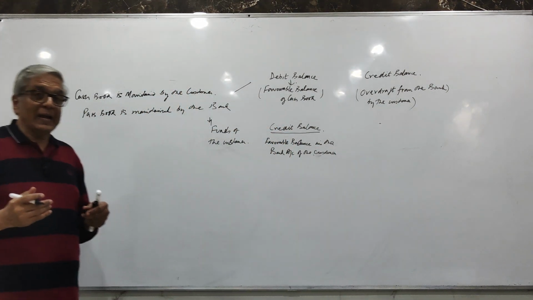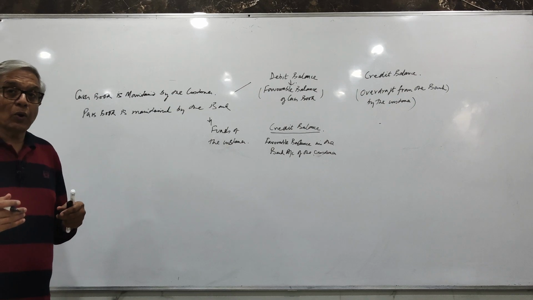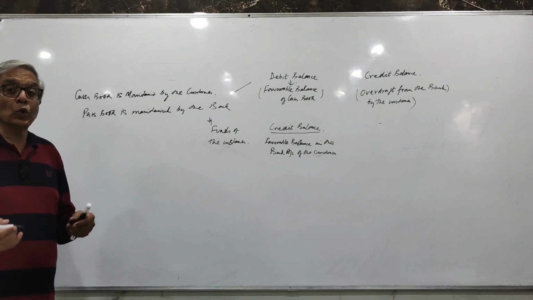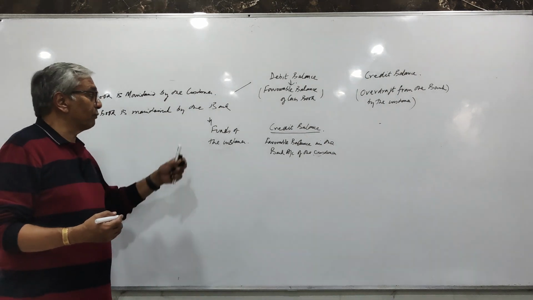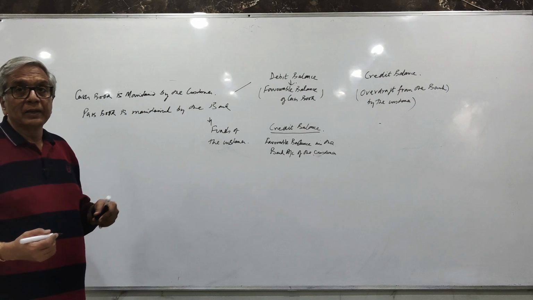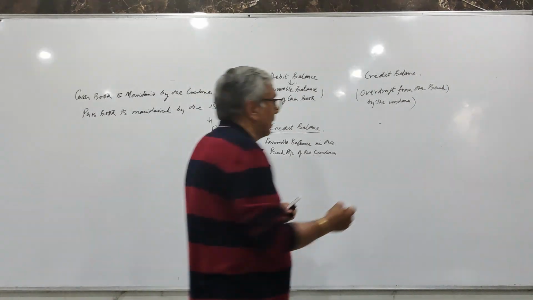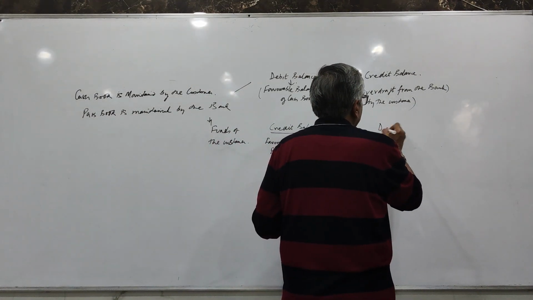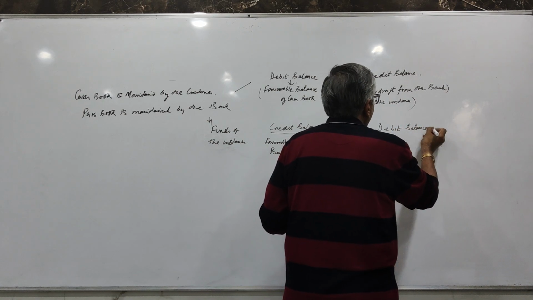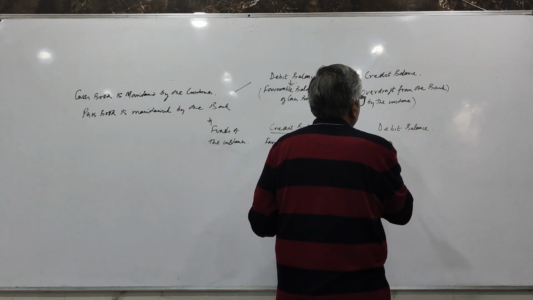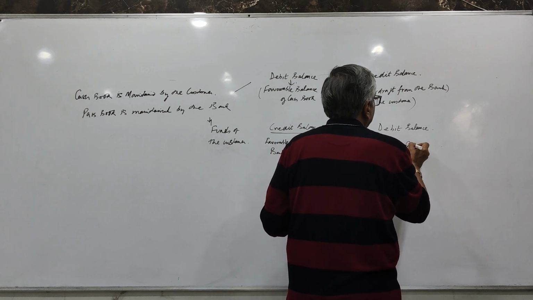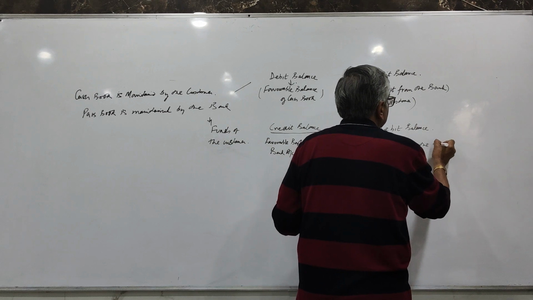And if the bank has given funds to the customer, that means the customer has overdrawn from the bank, then from the bank's perspective, it becomes an asset for the bank. So there will be a debit balance, which means again an overdraft from the bank by the customer.